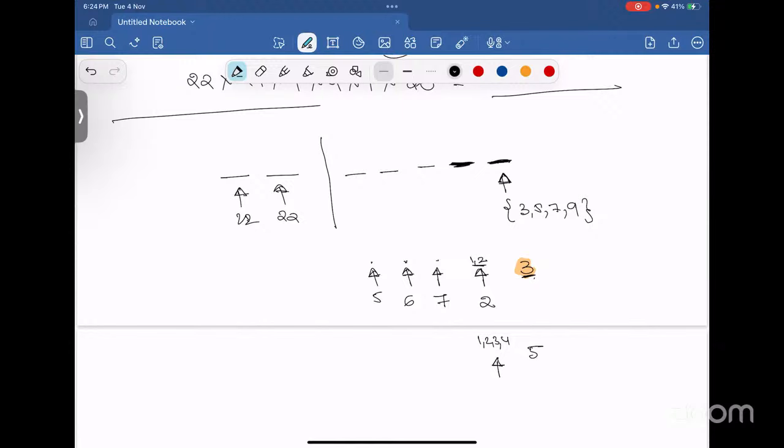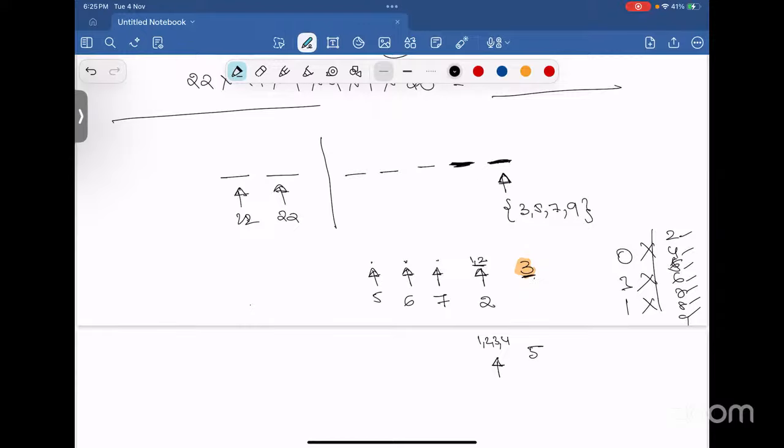So 2, 4, 6, 7, 8, 9. 0 I can't use, 3 I can't use, and the second last digit will be 1 or 2. So if it is 1, 1 also I cannot use. That means I can only use 2, 4, 5, 6, 7, 8, 9. That is 7 possibilities.